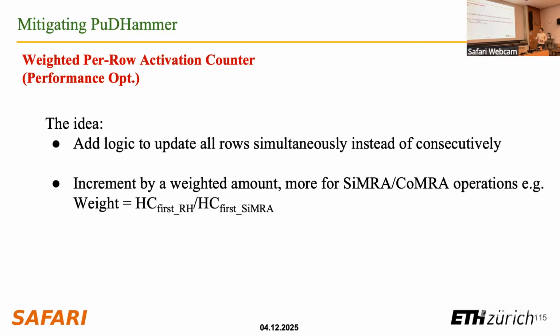And they also increment the counter by a weighted amount. So for CIMRA and COMRA, the weight was calculated like this. You take your hammer count for standard RowHammer, and then the hammer count for CIMRA, and then you get the weight that you add each time you observe it.